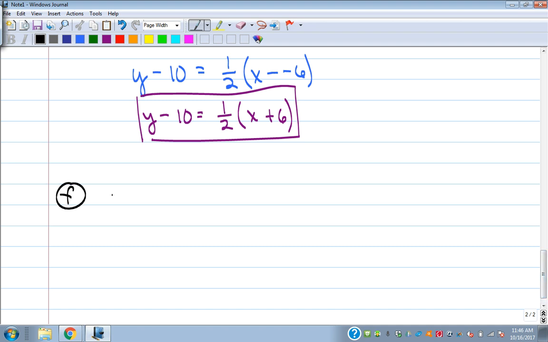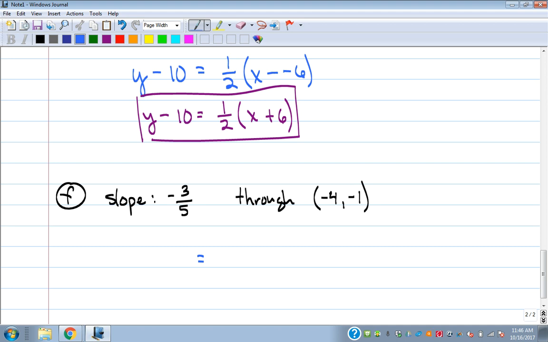Let's do this one. Say we had the slope of -3/5, and it goes through -4, -1. So let's write our equation in point slope form that does that.